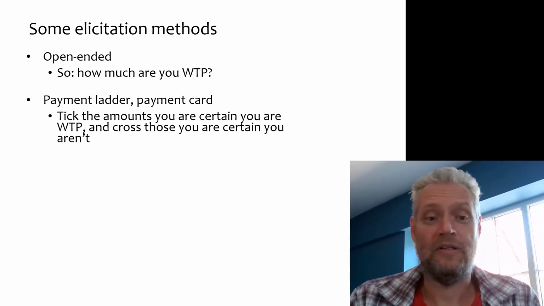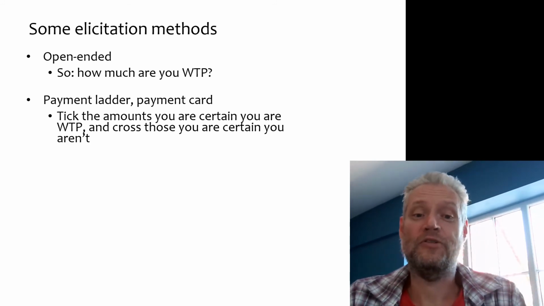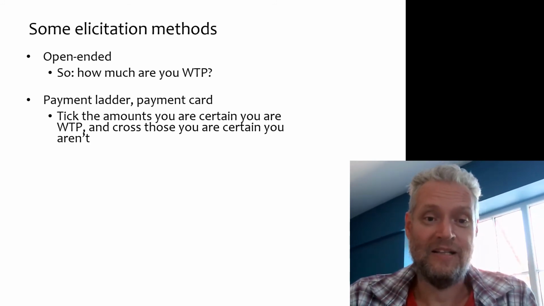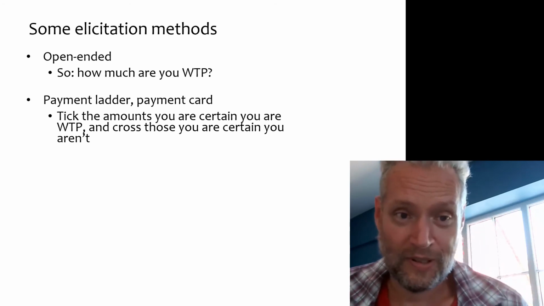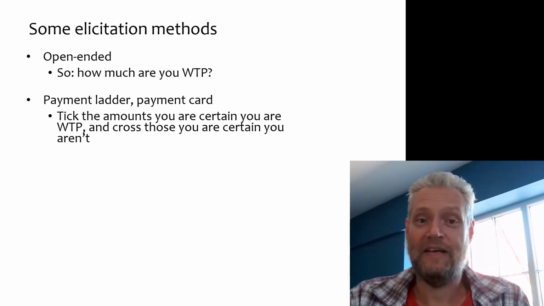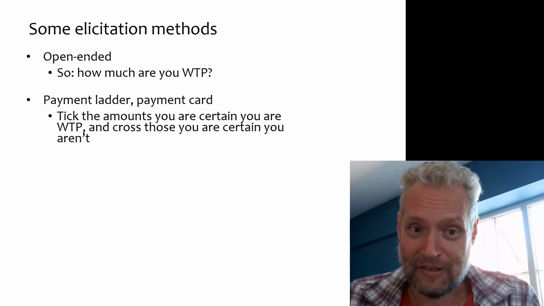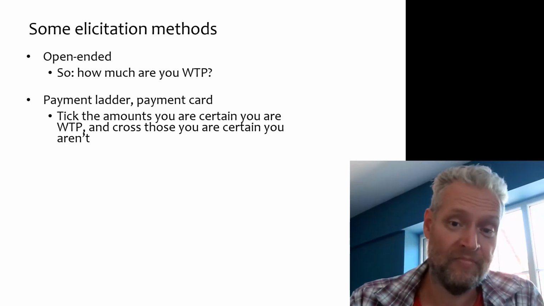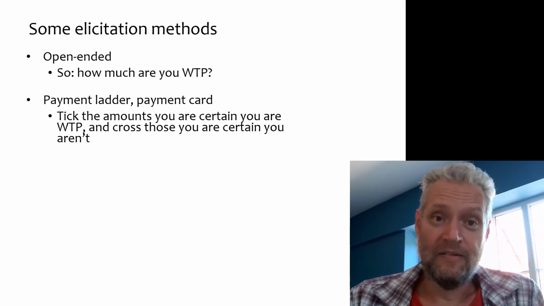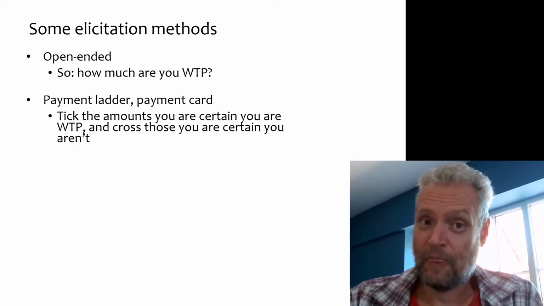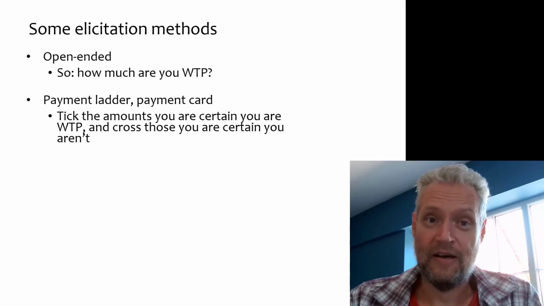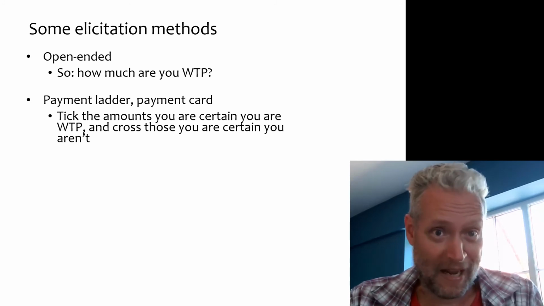You can also, and I'll show an example later, use a payment ladder. So rather than asking the open question, how much are you willing to pay, give people a range of options and say, well, tick the box. Which makes it easier for people to think about this because you provide them an anchor.